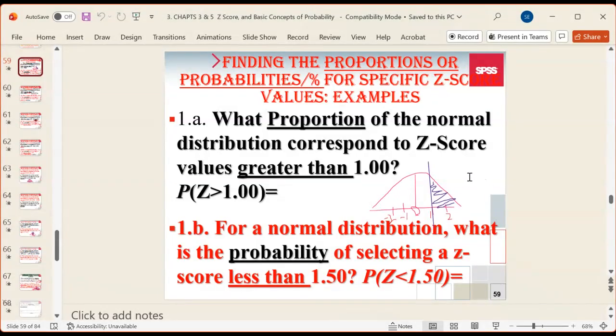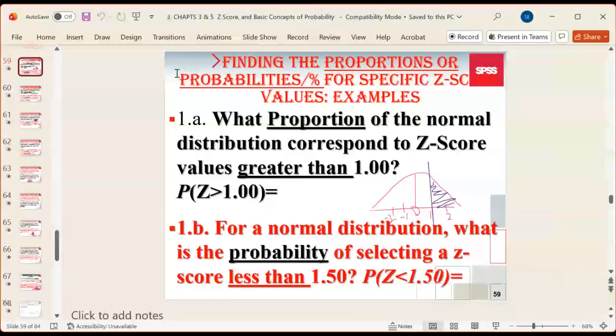How do we do it? Once again, we need to determine what we are looking for. Are we looking for the area between the mean and the z, which is this area, or the large area, the body, that means this area to the left? That is if it says less than 1, but it says greater than 1. As I mentioned earlier, we're looking for the tail because it says greater than 1.